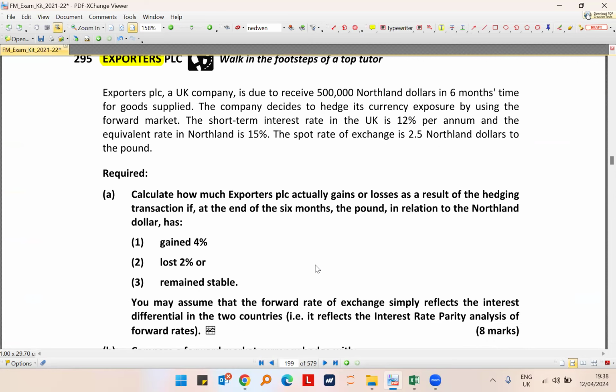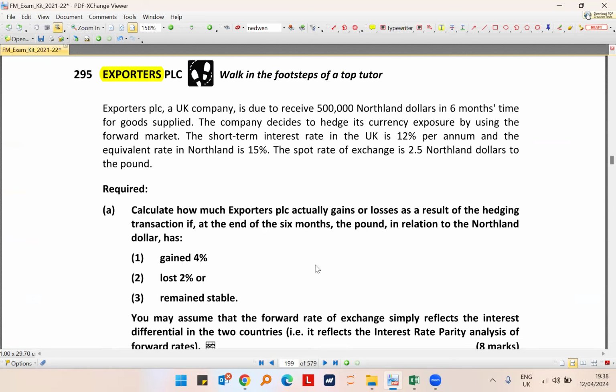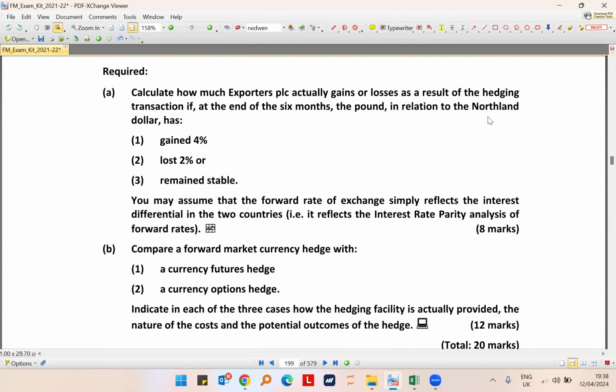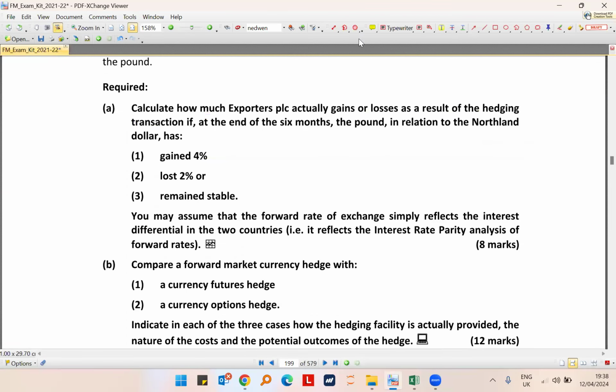So now we have another question called Exporters PLC. When you look at it, what are the requirements? First of all, they want you to calculate how much Exporters PLC gains or loses as a result of hedging the transaction, if at the end of the 6 months the pound in relation to the Northern dollars has gained 4%, lost 2%, or remained stable.